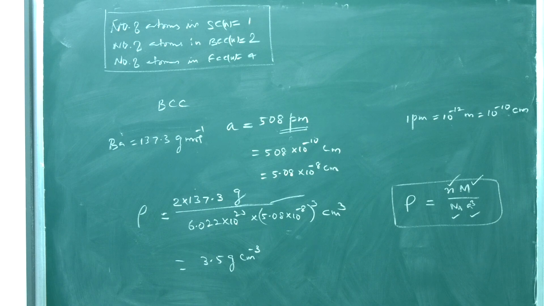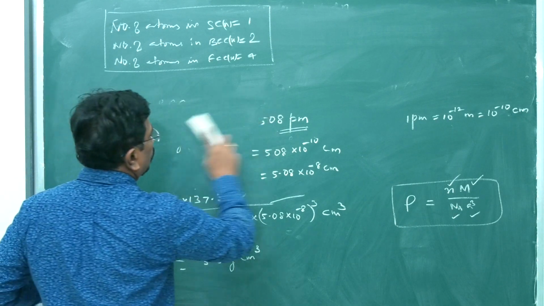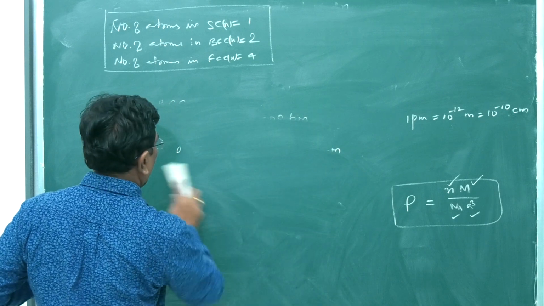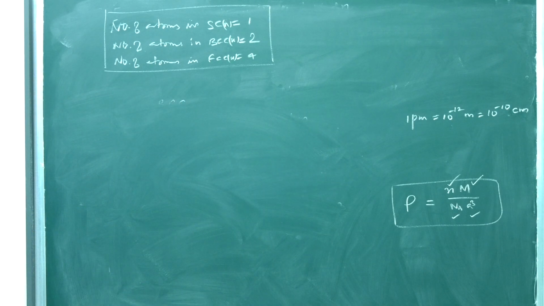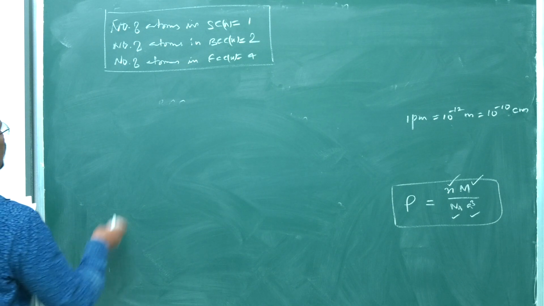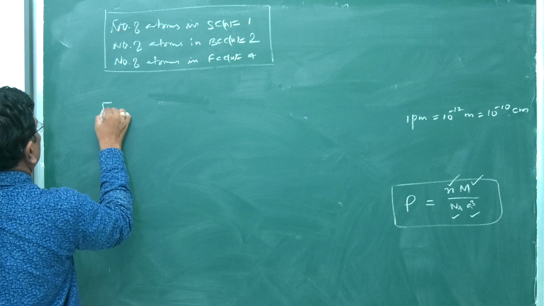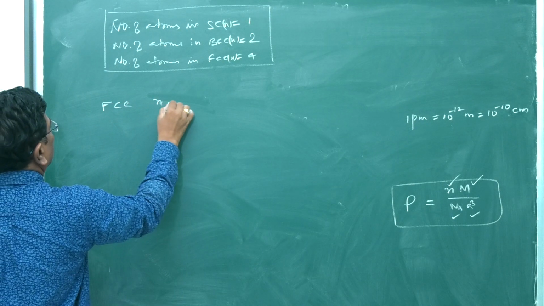So let me go into yet another sum based on density. It is given in evaluate yourself. Since it is given in evaluate yourself, you may do it yourself, but anyhow, let us see in what way it is given and what is the method to solve. An element has a face-centered cubic unit cell, FCC. Therefore, n is equal to 4.